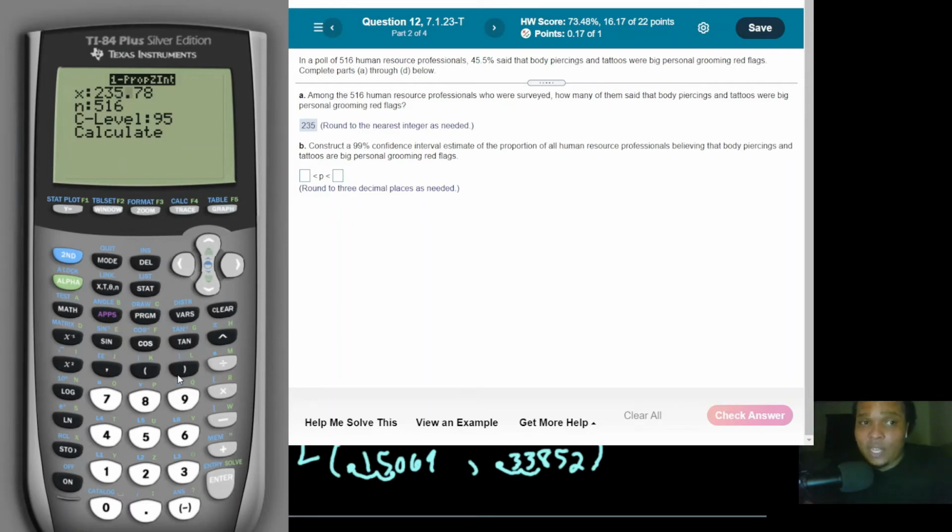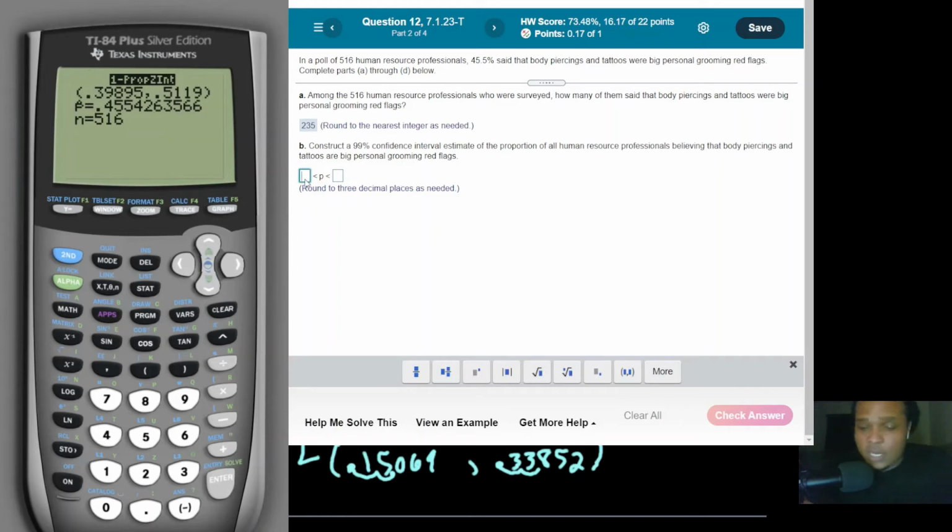So we can delete this other stuff. Your x is 235. All right, we're good. 99%. Hit calculate, and there's our interval. To 3 decimals, it is 0.399 to 0.512.